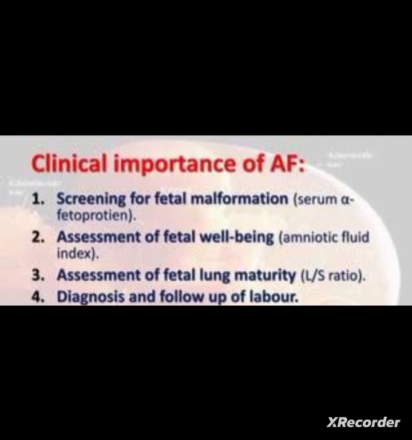If the index is less than 5 centimeters, the fluid will be around 200 ml, a very decreased amount known as oligohydramnios. This helps to assess the fetal well-being. The amniotic fluid index is calculated using ultrasonography.